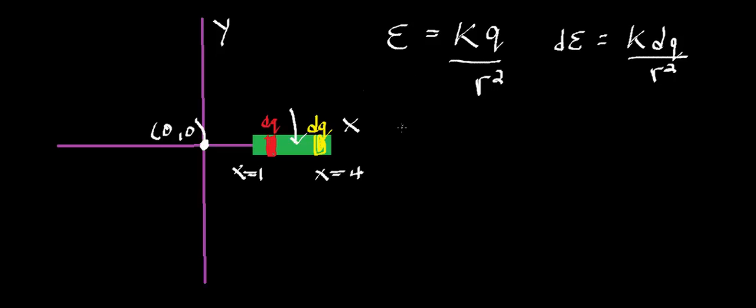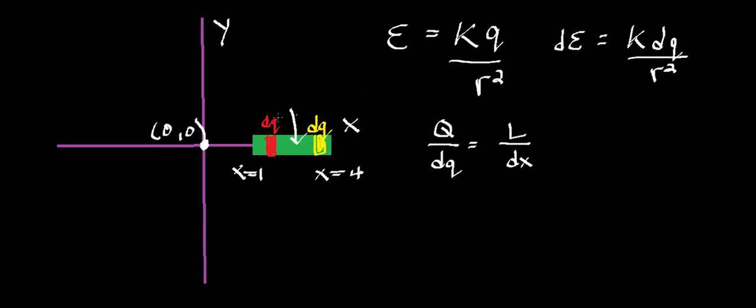I'm going to say that the total charge of this rod is to a differential charge element as the total length is to a differential length element. Since this is on the x-axis, we're going to call that dx. I hope that made sense. This is equation of differential elements.